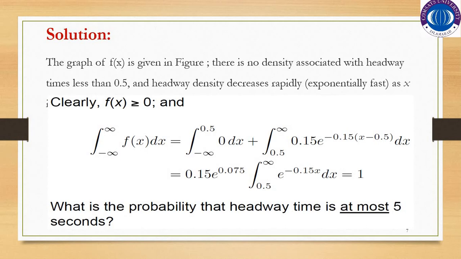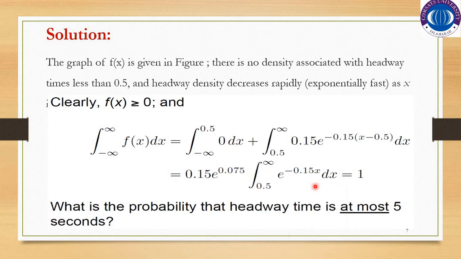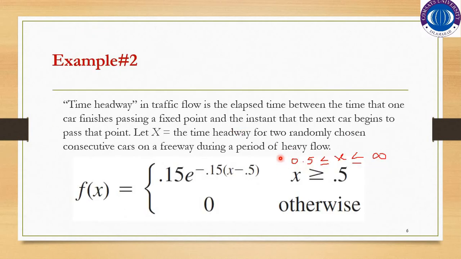So, if we want to find out whether this function is a density function, what do we have to do? We have to integrate it over the whole limit. You can find in books that this type of problem is solved in this way: the limit is described as minus infinity to 0.5 and 0.5 to infinity, because we know that our limit starts from 0.5 to infinity.